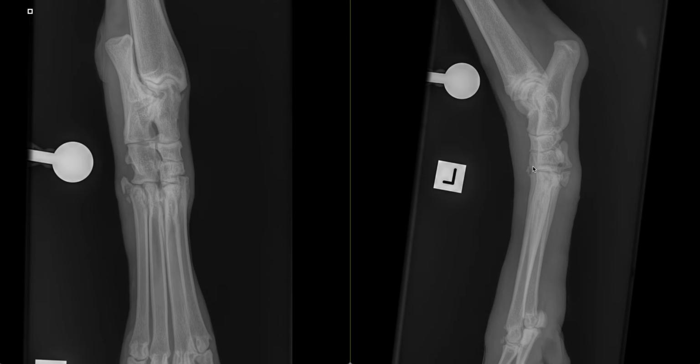Additionally, there is some periarticular new bone formation seen at the dorsal aspect of the joint margins of the tarsometatarsal joint. Medial aspects of the second metatarsus and central tarsal bones are mildly irregular in contour with mild new periosteal bone formation.